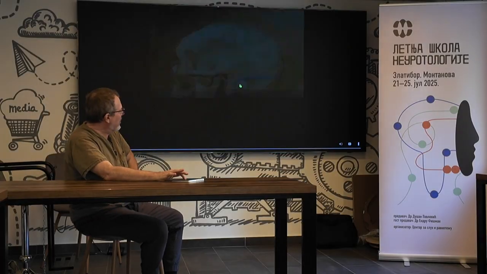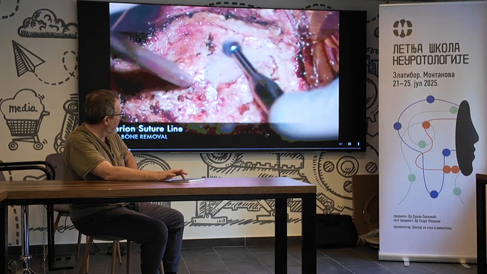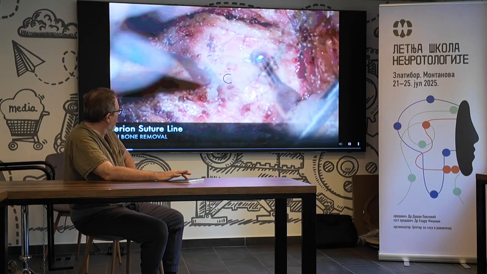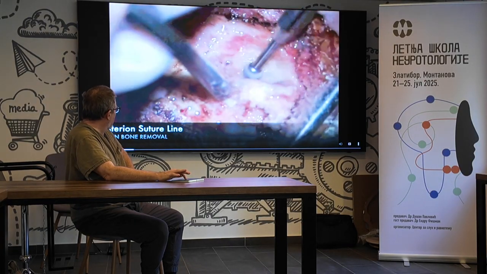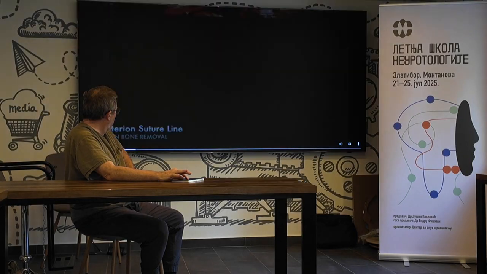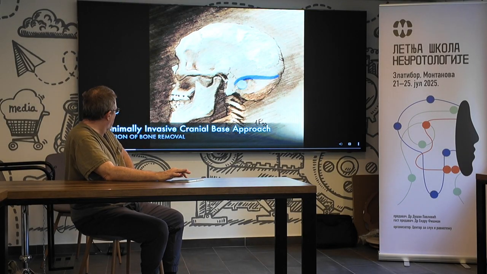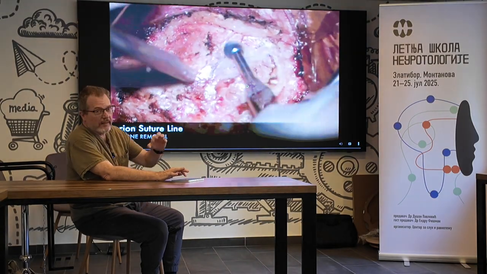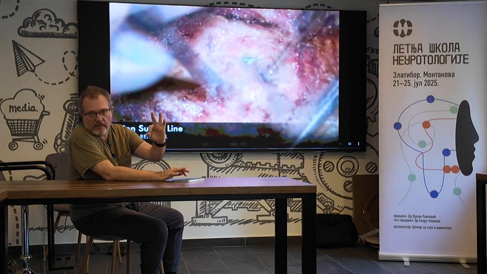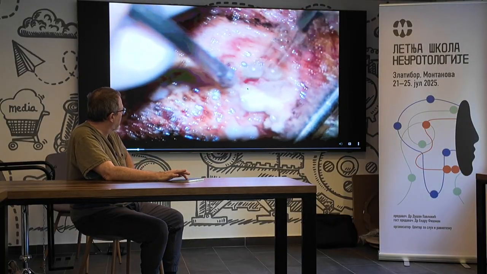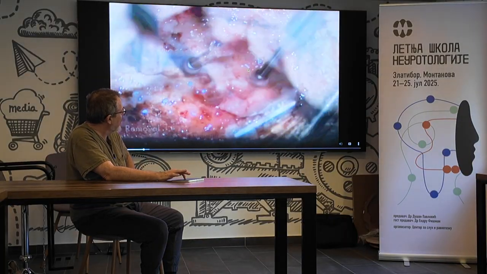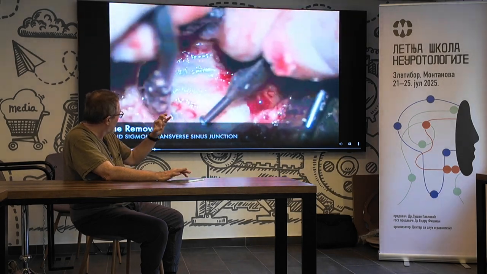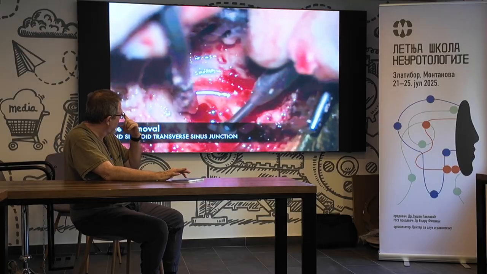And so here I use a very small craniectomy positioned right behind the sigmoid sinus. Let's let it load a little bit. So right behind the sigmoid sinus, it's about 2.5 centimeters. I just remove a little bit of bone, here's the sigmoid sinus, to identify this location right behind it.